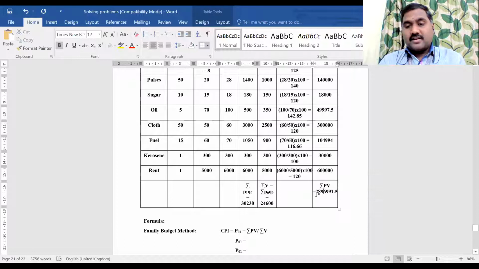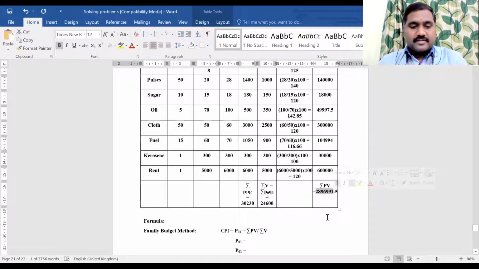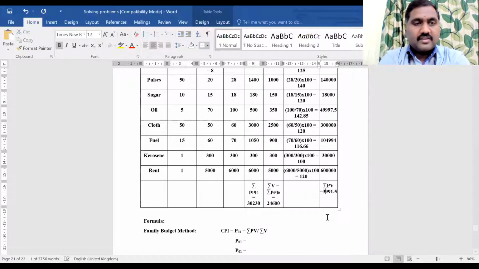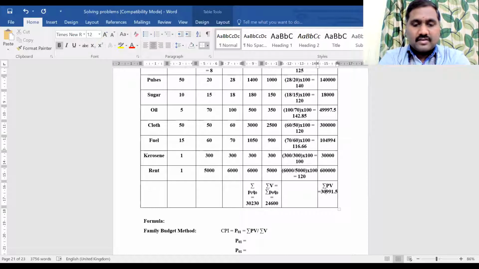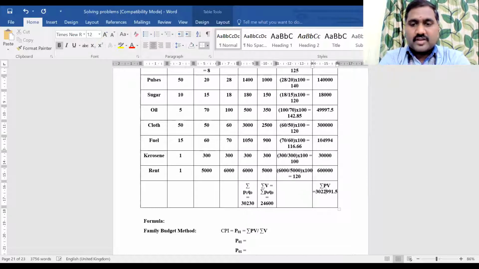Oh, yeah, I'm getting another answer. If it is 1,40,000, then it will be like 30 lakhs 22,991. Now, which is the right one? 28 or 30?